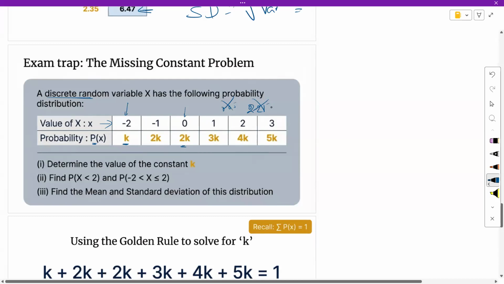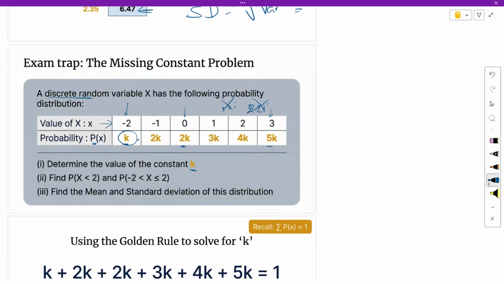The probability of getting score 3, where x equals 3, is 5k. Then the question is to determine the value of the constant k. So what's the value of k? K is unknown. What rule do we have to use? How can we calculate the value of k?